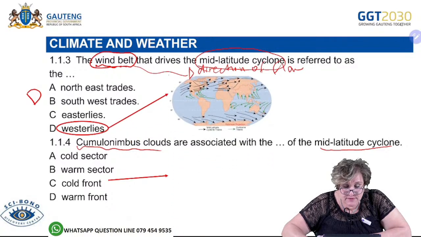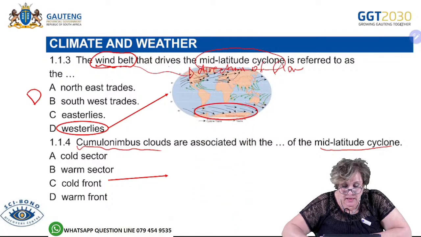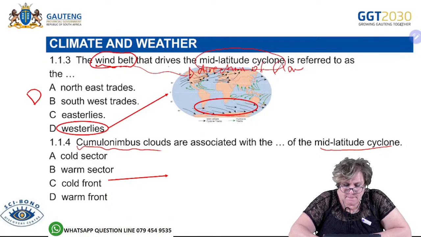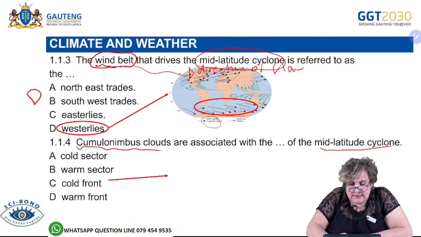If I have that specific map, you know this map, there is the area. Those black lines are the areas where mid-latitude cyclones occur. If you look at these arrows, all of these arrows are facing east, which means it moves from west to east.